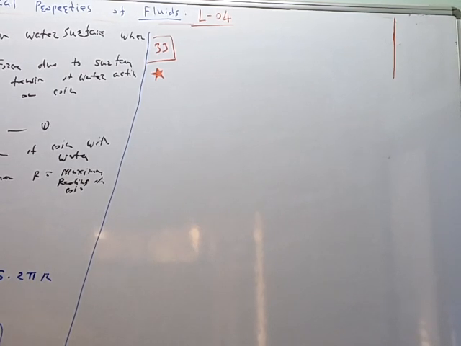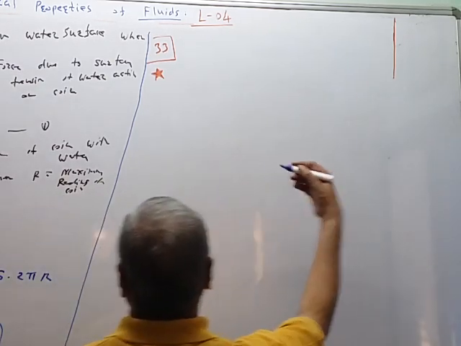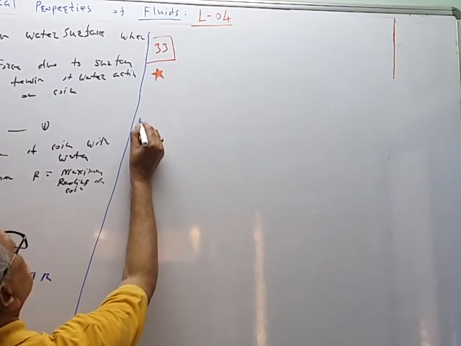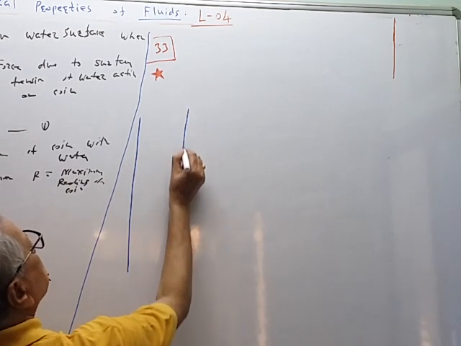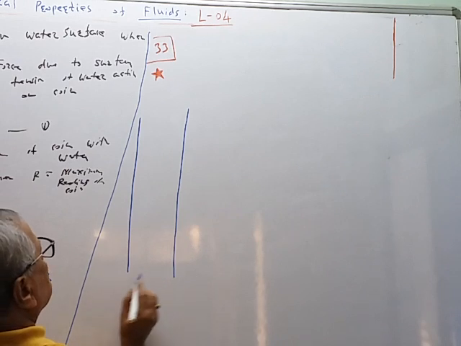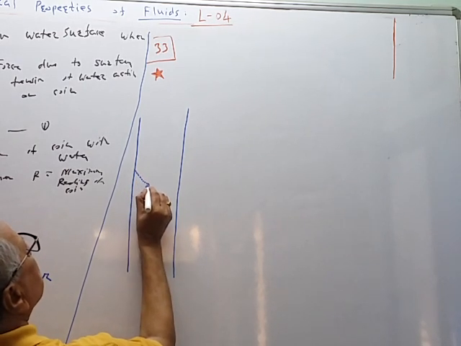So in this case the situation is like this. These are the two parallel glass plates, and here a water film is produced like this.